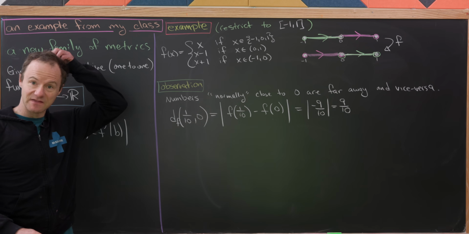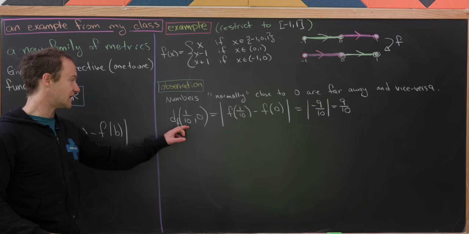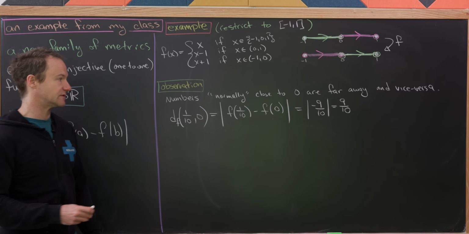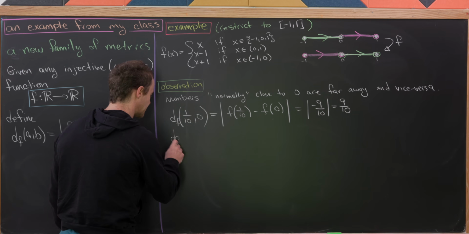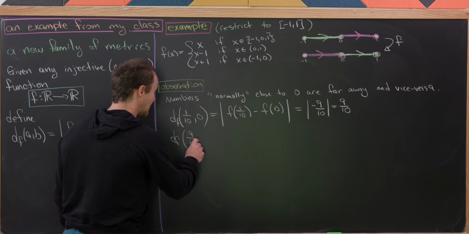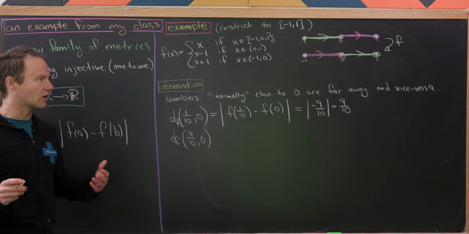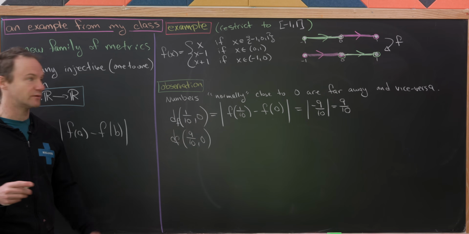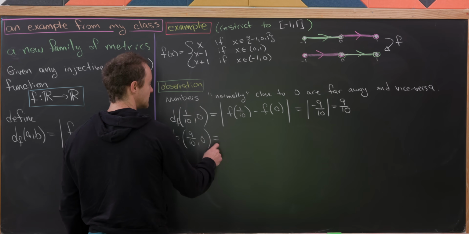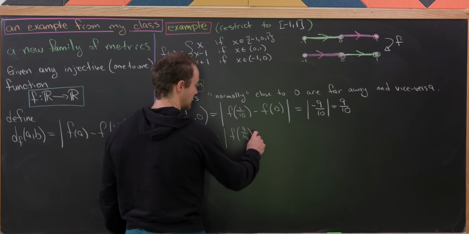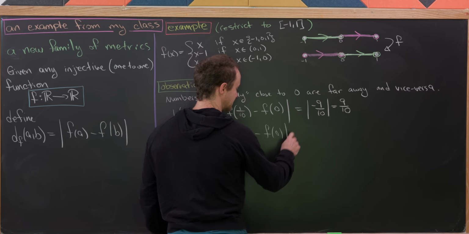So in fact, in this measurement, the number 1 over 10 is fairly far away from 0. But then if we were to look at the f distance of 9 over 10 to 0, which usually would be pretty far away from 0 in this setup, we'll see that we get something fairly close. So here we get f of 9 over 10 minus f of 0.